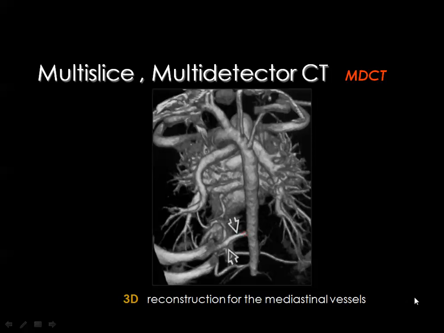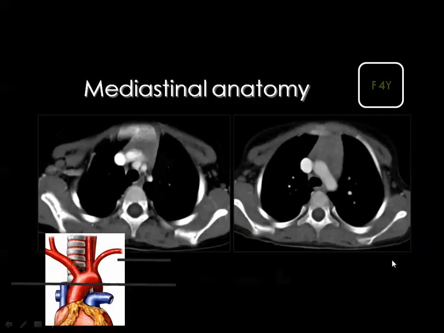And this can also be performed very nicely by the multi-detector CT: inject contrast media intravenously, then you scan the thorax at the time the contrast material is in the aorta, and this is a 3D reconstructed image showing a vessel coming from the aorta to a certain area in the lung, confirming the diagnosis of a sequestrated lung segment. I will discuss this in full detail during my talks on the pediatric chest.